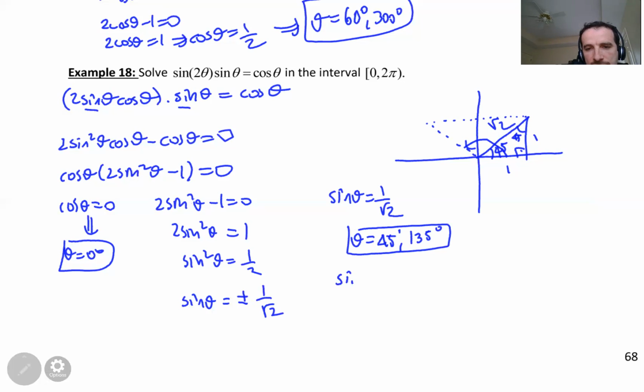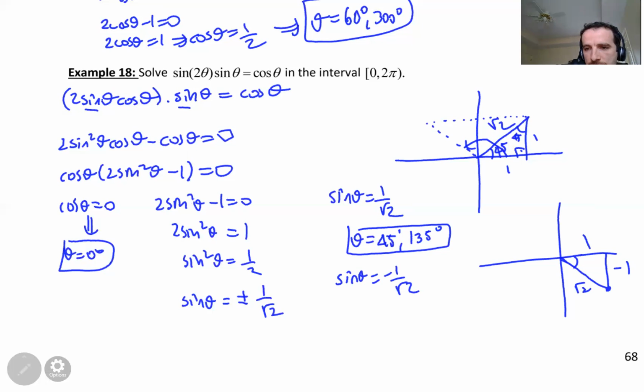So we can also take sine is equal to negative 1 over root 2. And to get that, where should we look? We should look at this triangle, right? Okay. This triangle. It is negative 1, 1, and root 2, right?